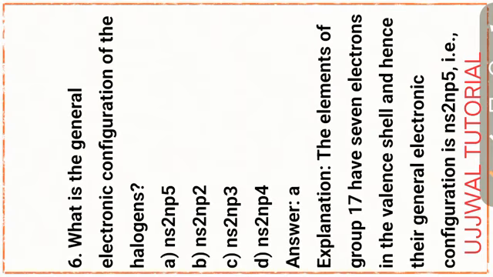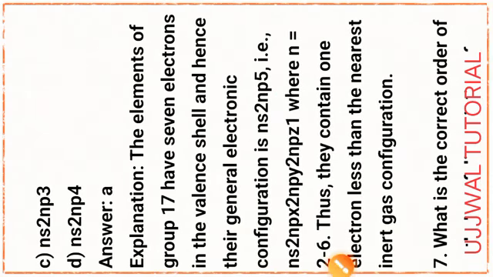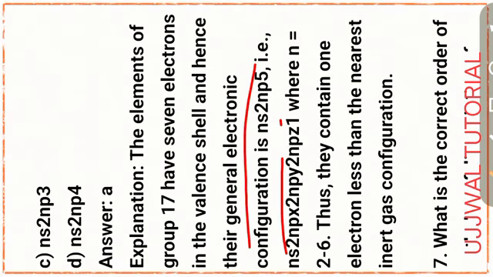Question number 6. What is the general electronic configuration of halogens? Option A, ns2 np5. Explanation: the elements of group 17 have 7 electrons in the valence shell, and hence their general electronic configuration is ns2 np5, that is ns2 npx2 npy2 npz1, where n equals 2 to 6.